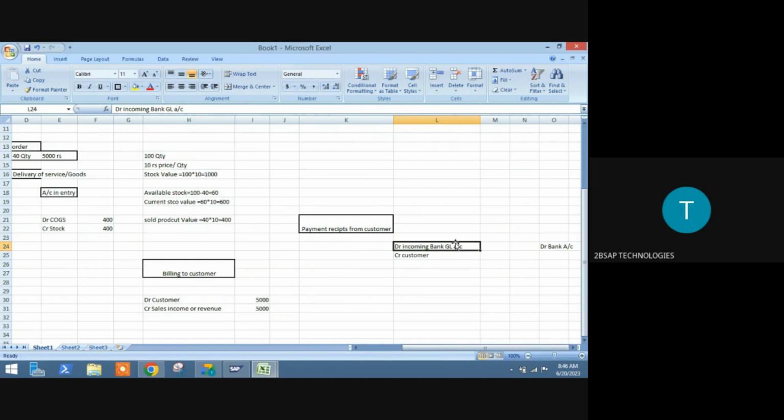If you want to know the money transaction-wise, you can use a separate GL for each. Each nature of transaction, how much amount is happening. If you want to know, then for each type of transaction you will use a GL account.